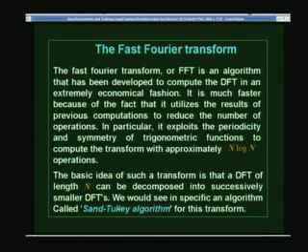As we said in the last class, this fast Fourier transform technique reduces the number of operations to n log n. Hence it is the most popular, the most used method for computing discrete Fourier transforms. So what was the technique?